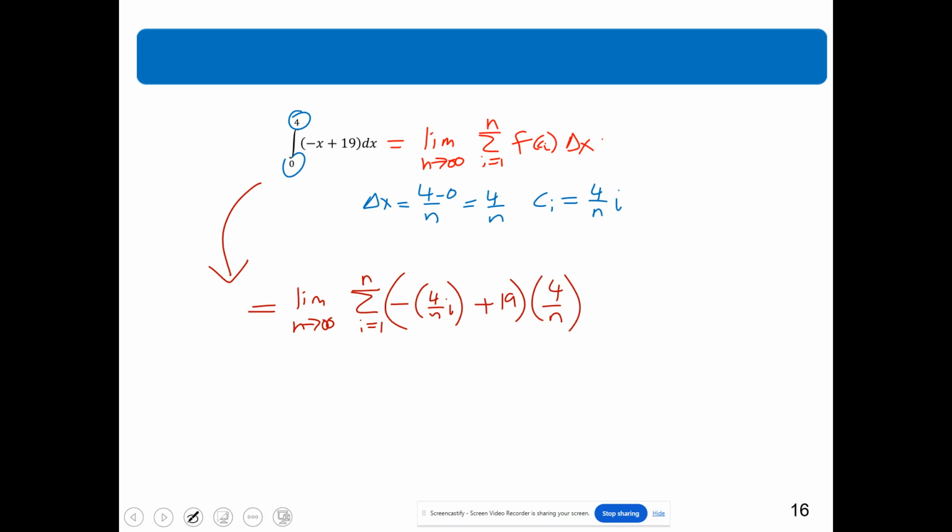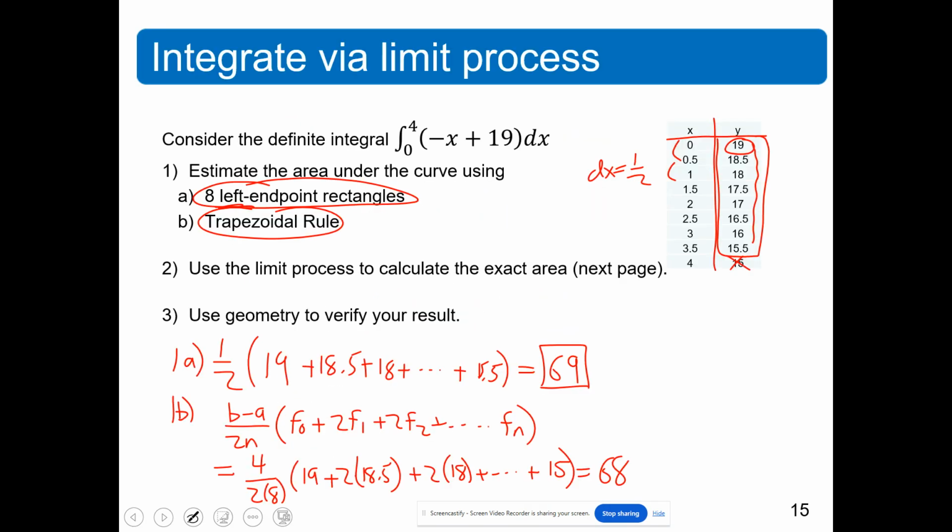So this is the expression that I'm going to have to work out the limit for. I will leave the details to you. You will get an answer of 68, which coincidentally turned out to be the same answer that we saw on 1B.